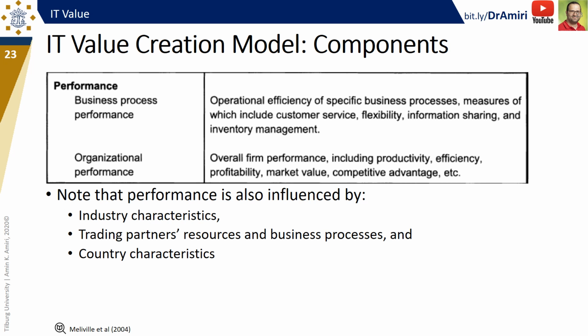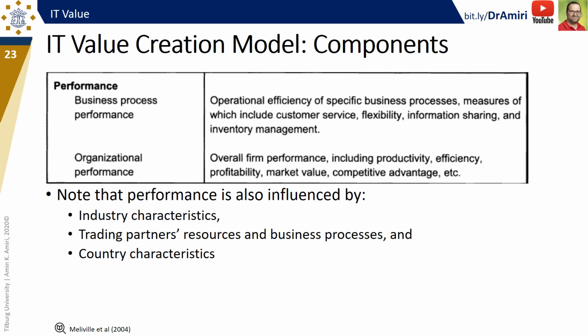I'm going to go into the details of different types of business process performance measures in the next slides, but improving the business process performance will be mapped into improving organizational performance, which means the market value of the company will be improved.